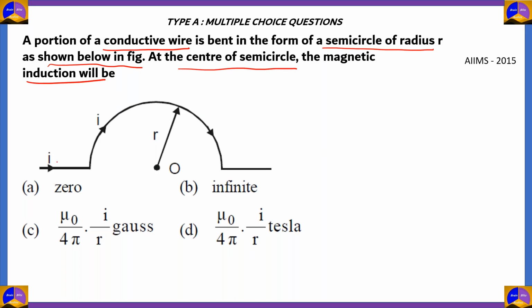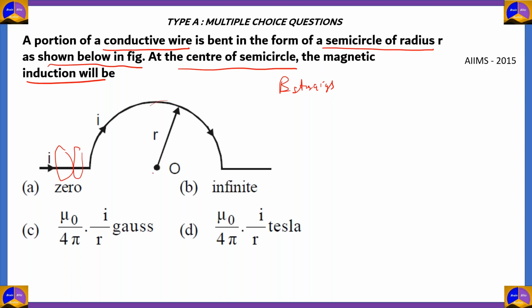So in this diagram, we have 2 segments of the wire which are straight and 1 segment which acts as a semicircle. The magnetic field of a straight line will usually act like this.